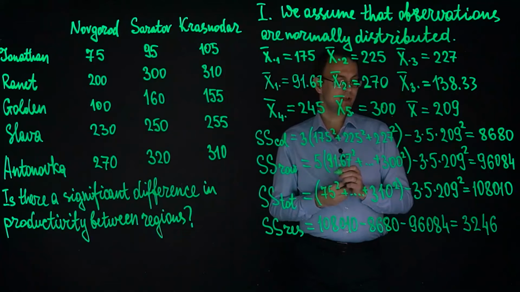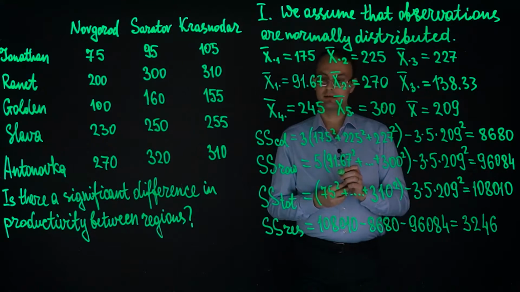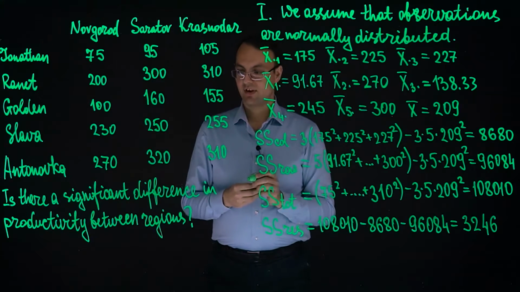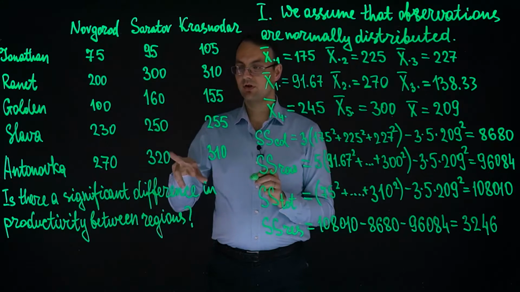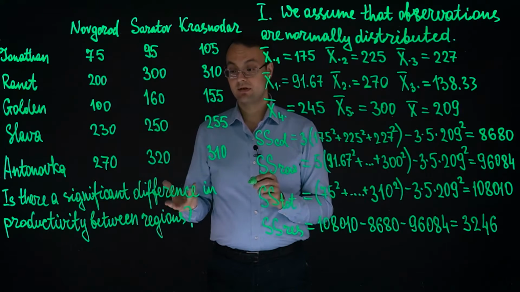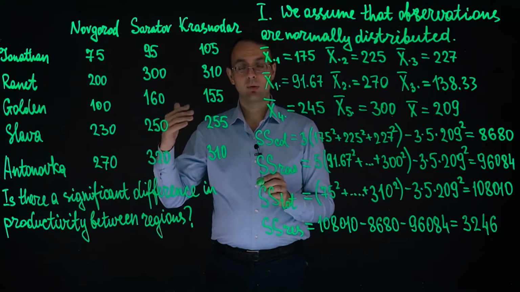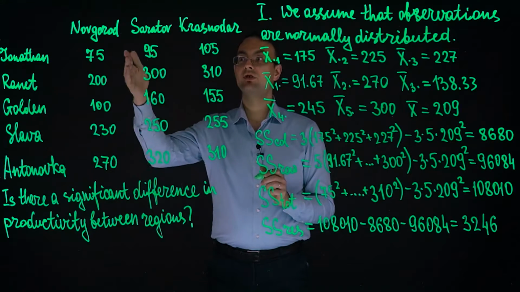And so now we can find the test statistic. If we are going to test a hypothesis that there is no significant difference between regions against an alternative that there is a significant difference. So our null hypothesis is that the region has no effect.